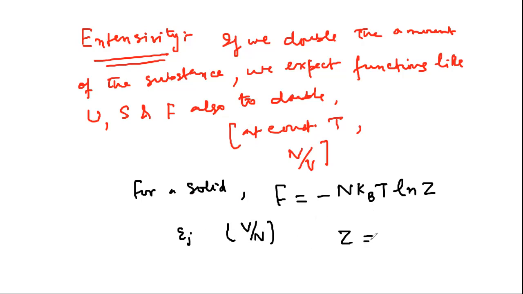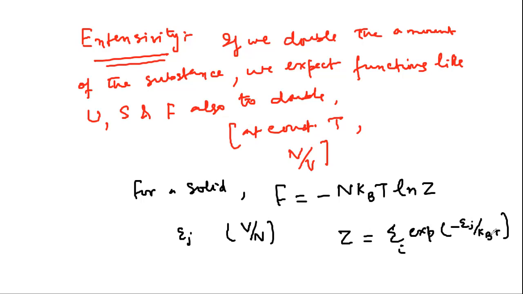Therefore, remember the definition of Z. Here the partition function is summation over j of exponential of minus epsilon j by kT.